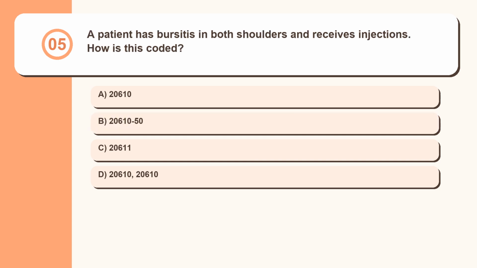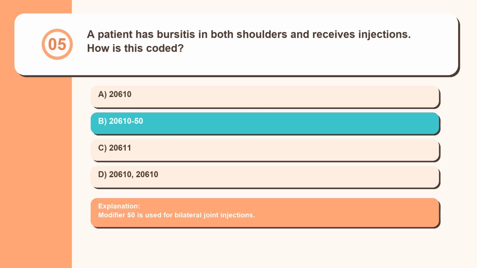A patient has bursitis in both shoulders and receives injections. How is this coded? 20610, 20610-50, 20611, 20610. Modifier 50 is used for bilateral joint injections.